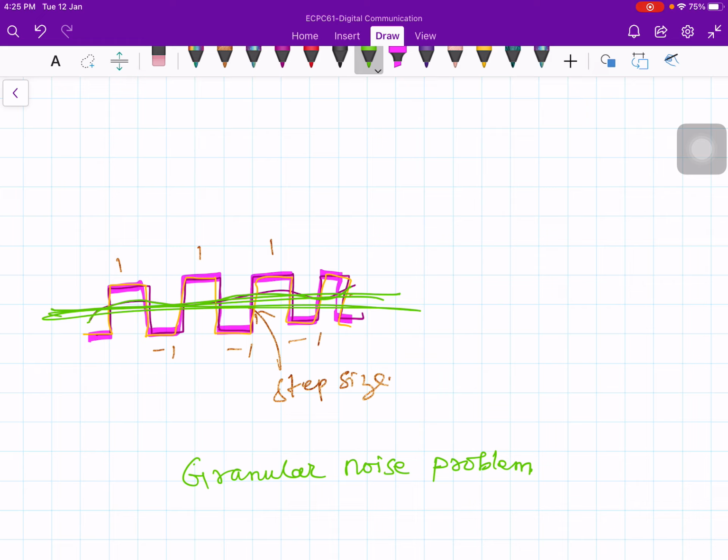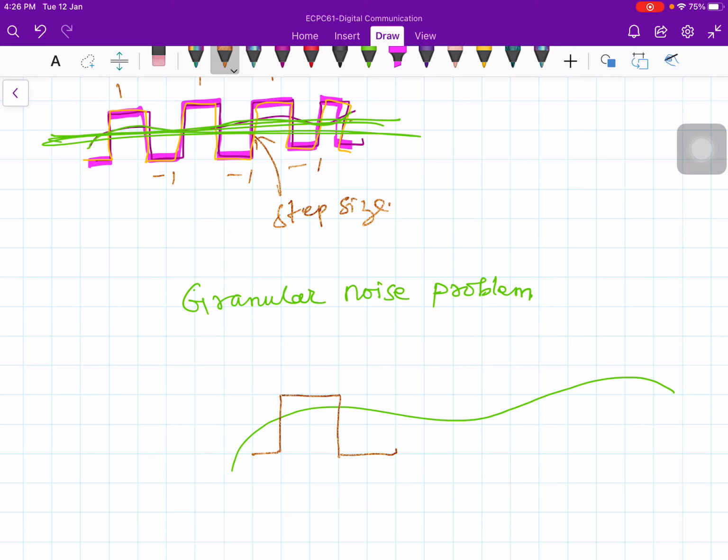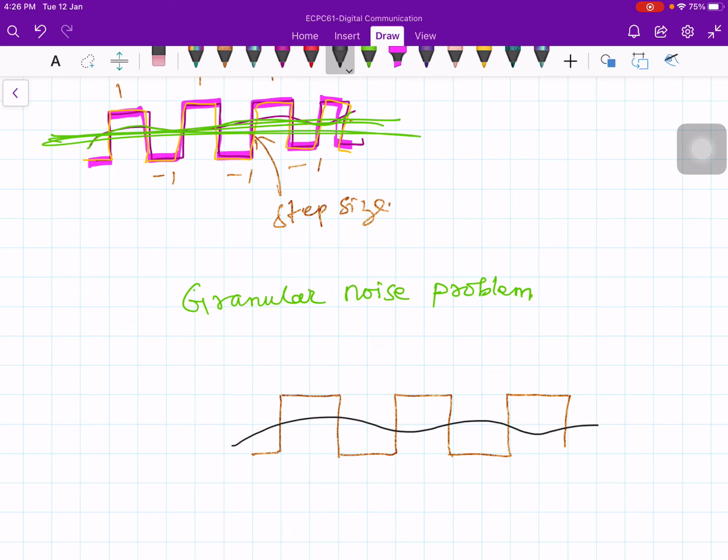So you have a kind of noise which does not represent any kind of variations in the signal. Whenever you have slow variation signals, let's say you're doing like this, then what will happen? Let me draw this like that.